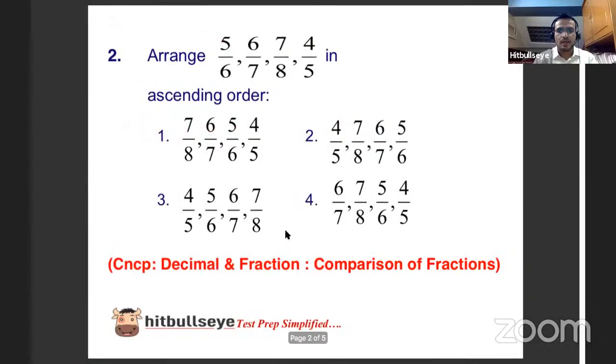Ascending order. So you have to arrange them in the increasing order of the values. 30 seconds. Last 10 seconds.